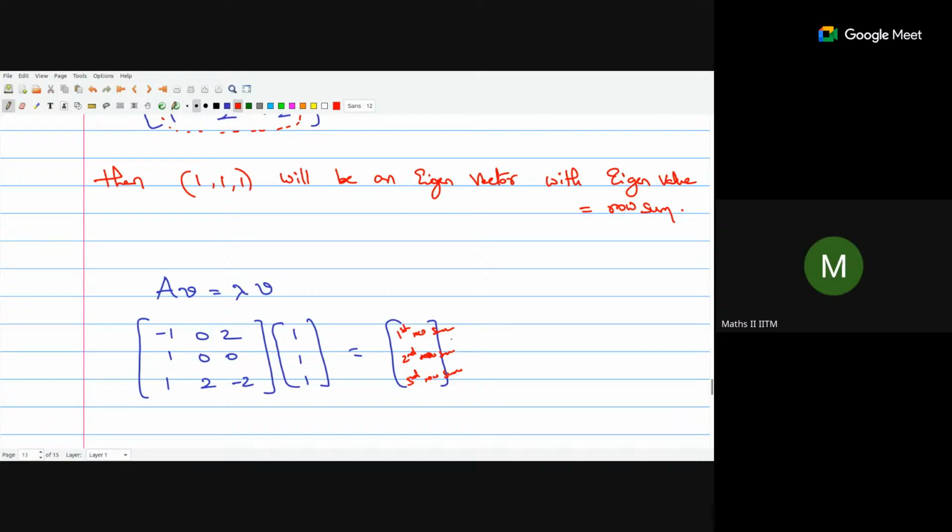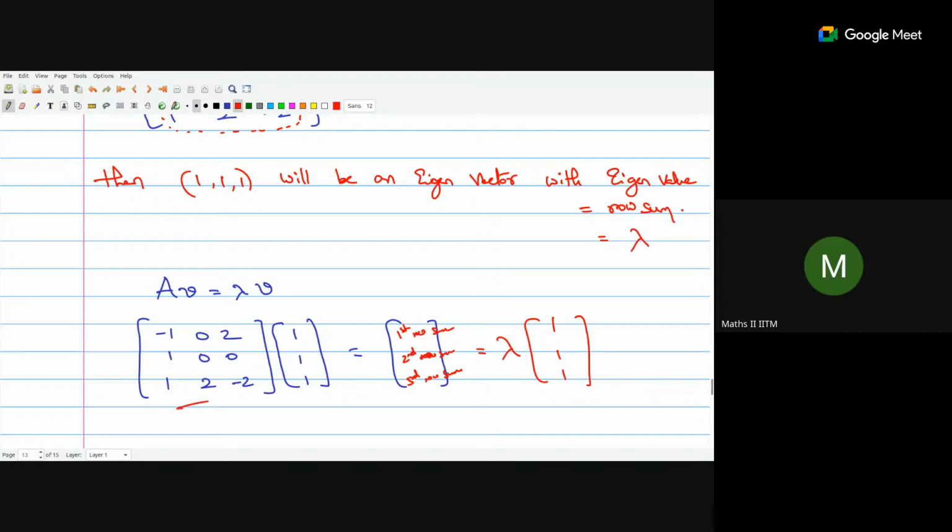So if all three row sums are the same, you can take that as common. If I say the row sum is alpha, or lambda, whatever, you can pull that lambda out, and you will be left with [1, 1, 1].